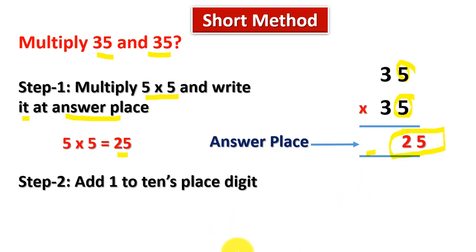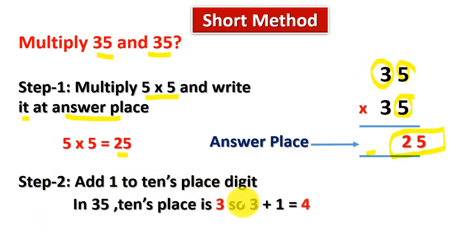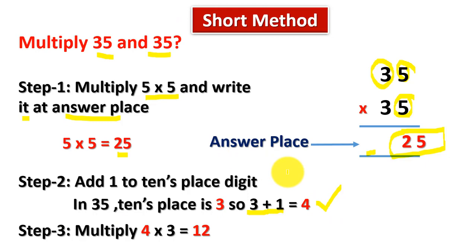Next one, add 1 to the tens place digit. What is the tens place digit here? 3. Add 1 to it. That is 3 plus 1 equal to 4. That is step 2. Next, step 3. Whatever answer you got, you should multiply it with the tens digit number. The tens digit number is 3. That is 4 into 3 equal to 12.